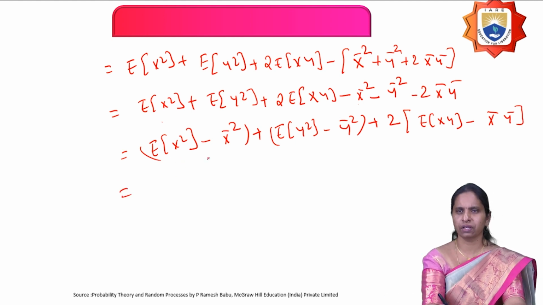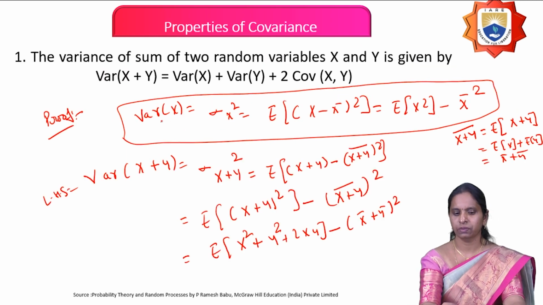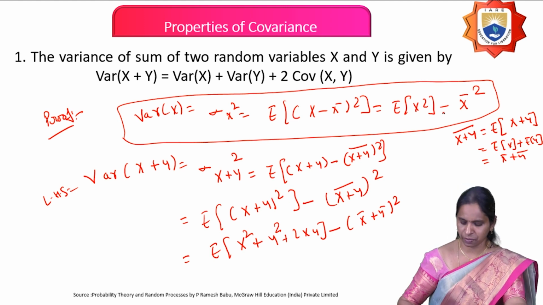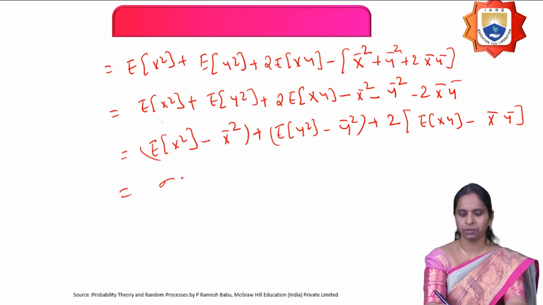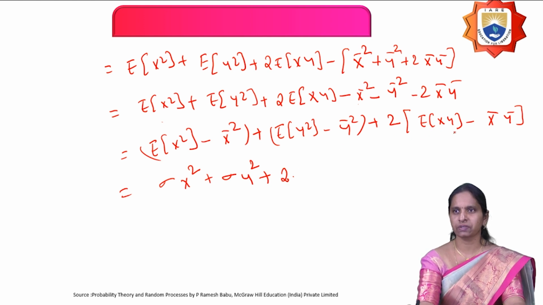Now what is E of x square minus x bar square? That is nothing but the variance of x. What is the variance of x? E of (x minus x bar) whole square. If you simplify this, it is E of x square minus x bar square. Therefore, this is the variance of x, and this is the variance of y, plus 2 into E of xy minus x bar and y bar, which previously we saw is the covariance of xy.